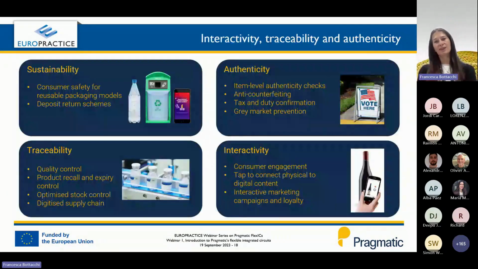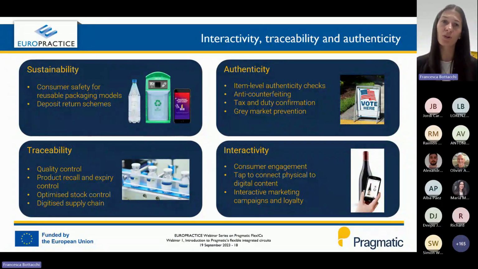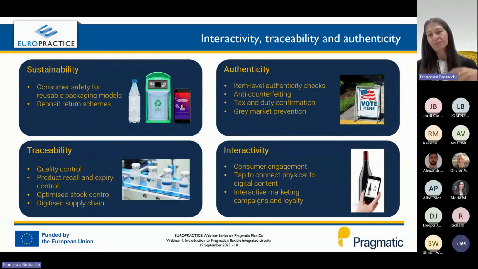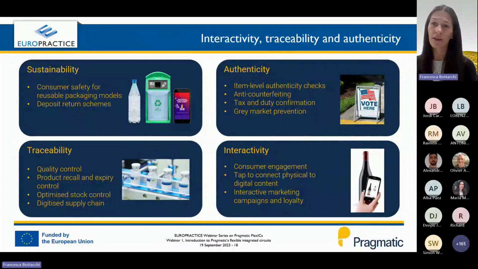So some examples of topics that you can enable with the NFC type of connectivity that we are working on are these four. For example, if you think about sustainability, you could add an NFC tag to a plastic bottle and a reader into your bin.